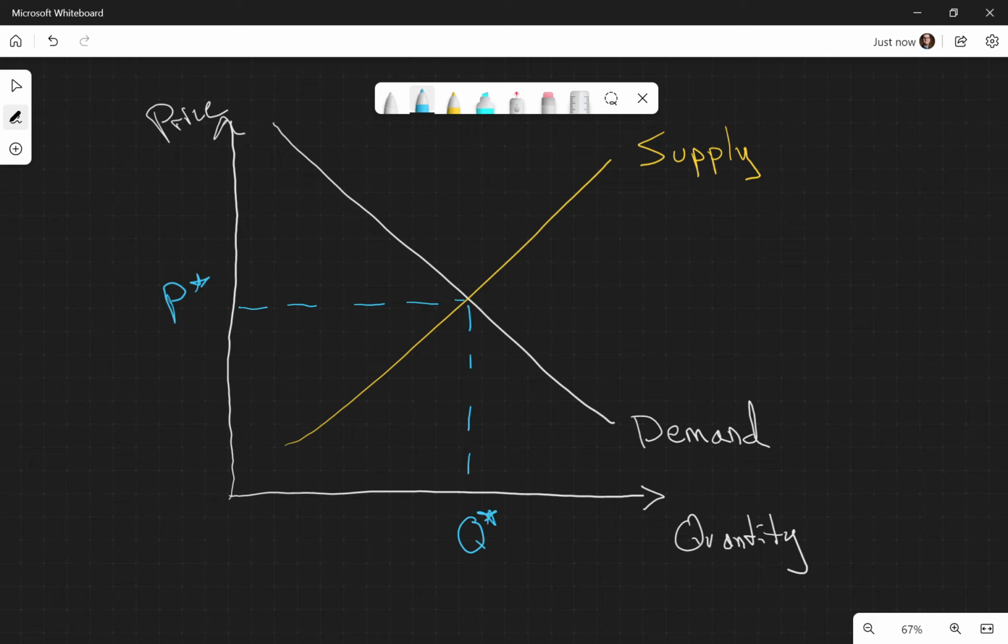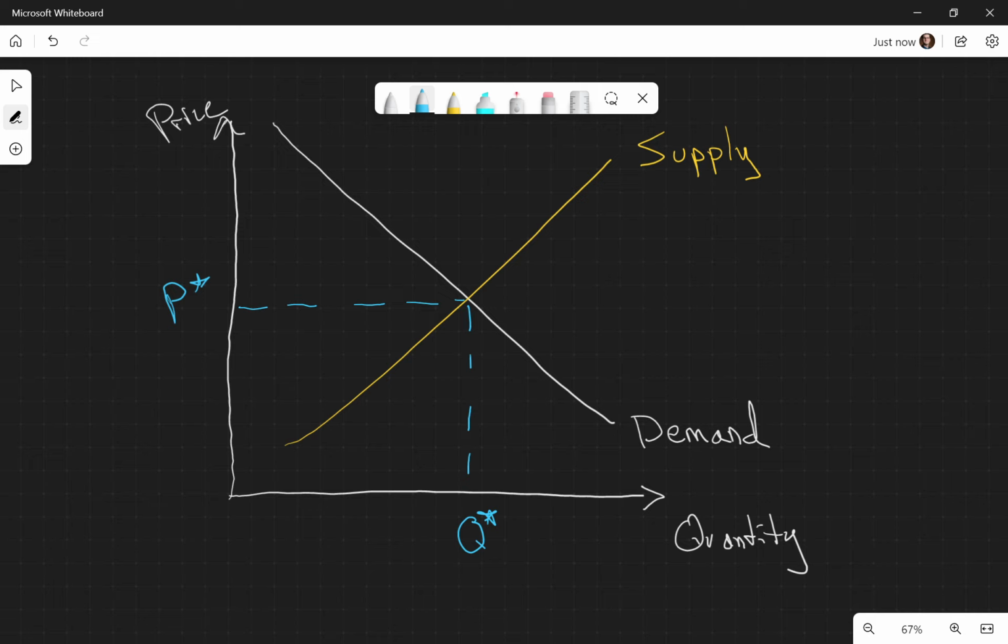And we learned that any deviation from this equilibrium, whether it's above the price or below the price, there's going to be some incentives for the producer specifically to increase or decrease the price.